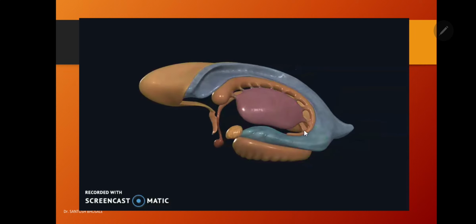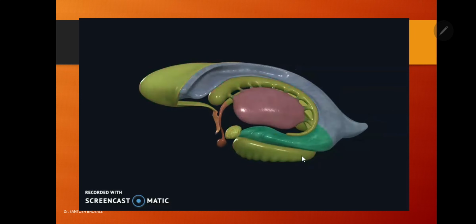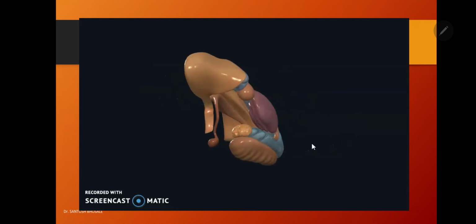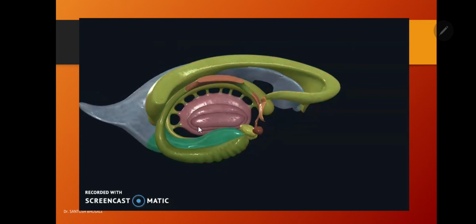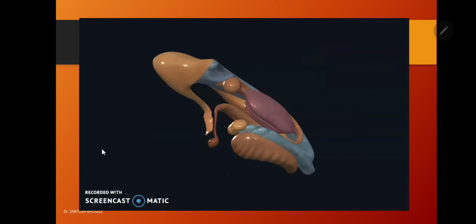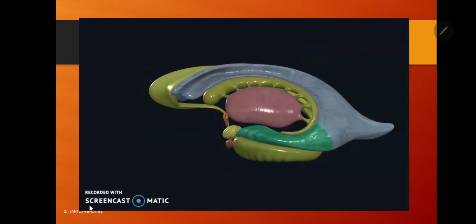So these are the relations of the inferior horn, whereas the atrium is a junction between the inferior horn and posterior horn, and it contains choroid plexus. You can notice the relations here. You can see the hippocampus will continue as the fornix there.